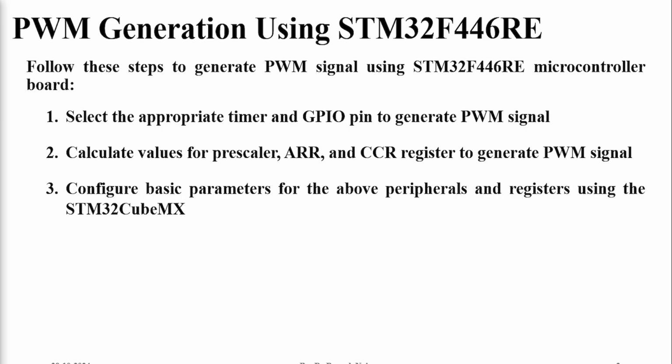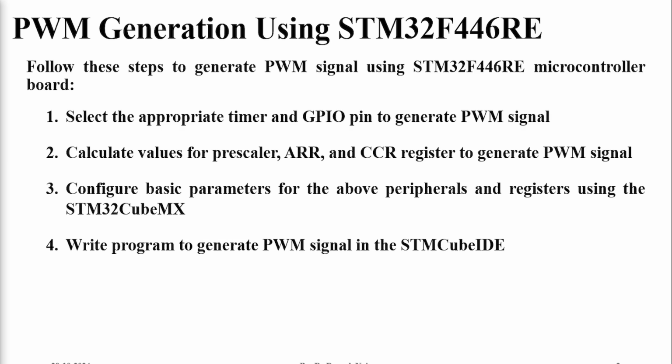Then we need to configure the above parameters in the STM32CubeMX IDE software. And then we may write a program in the STM Cube IDE to generate the required PWM signal.